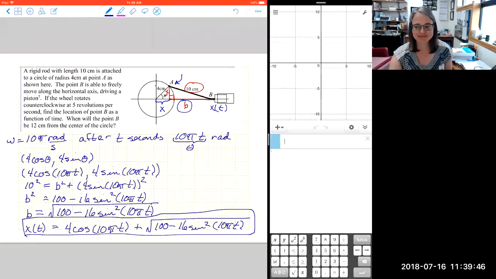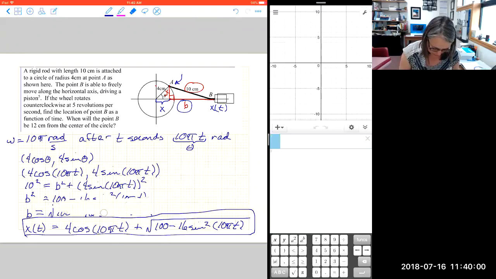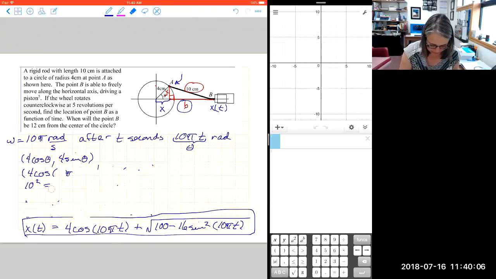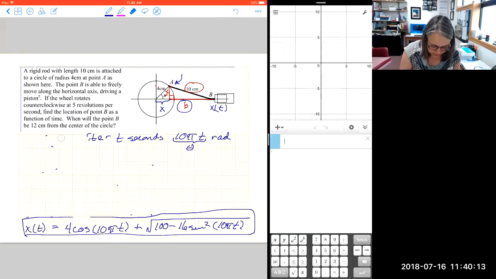Okay? All right, let's make some space so we can finish out this problem and find when the point will be 12 centimeters from the center of the circle. So my circle is centered at the origin.